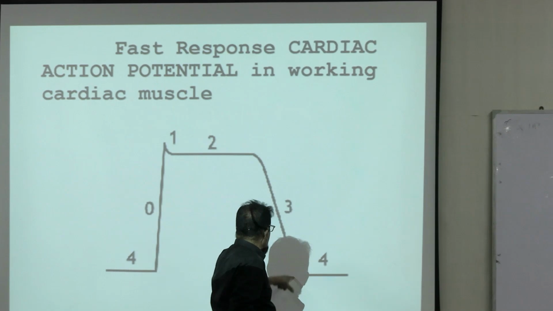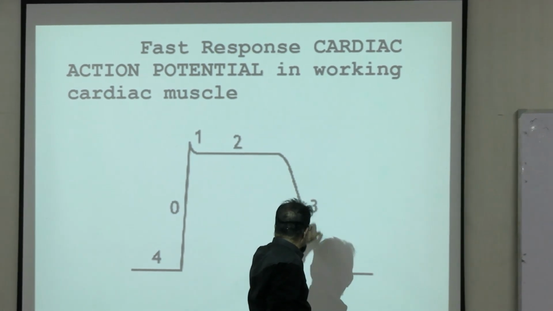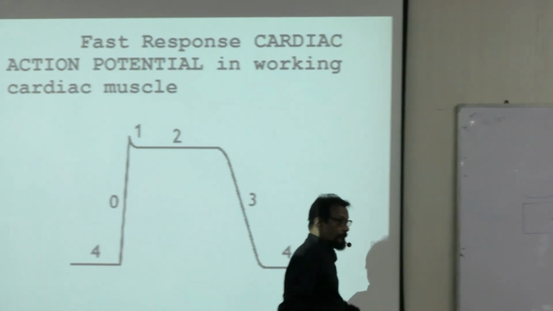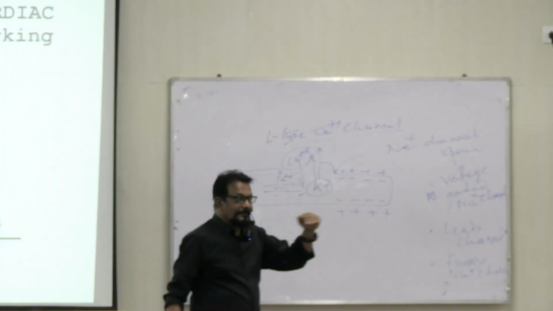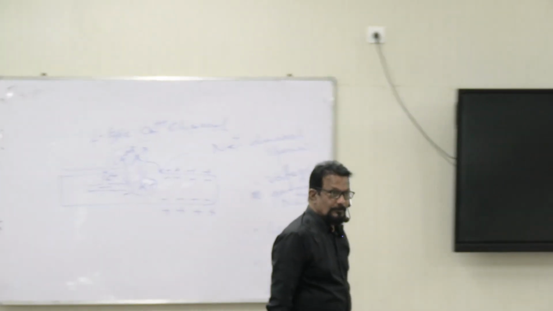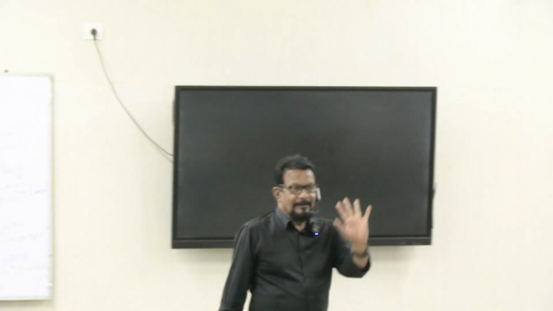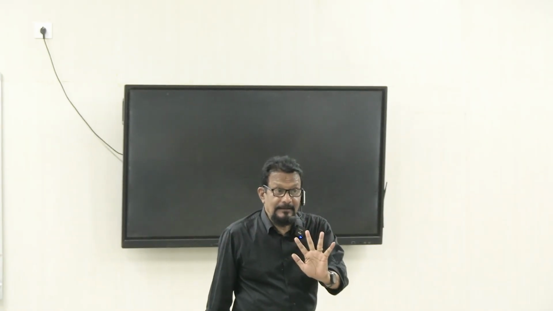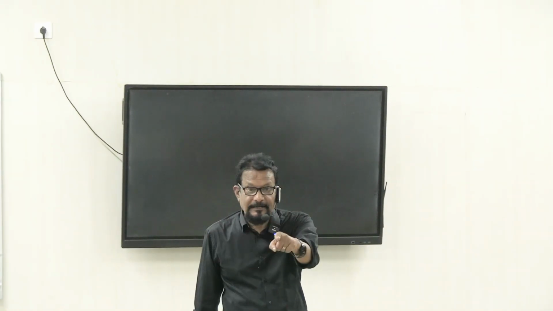This is phase 3, caused by potassium ion, and this is now phase 4. Potential at resting level is called phase 4. So how many phases are there? 4 or 5? 5: 0, 1, 2, 3, 4.